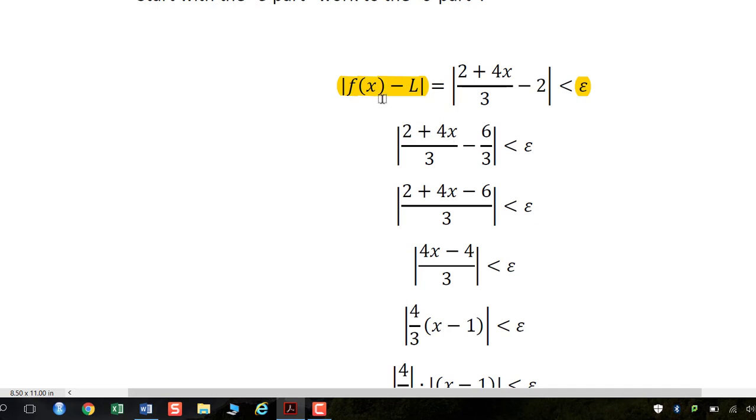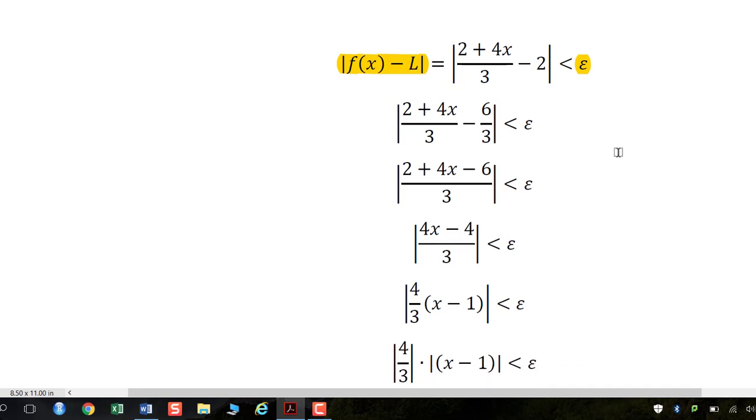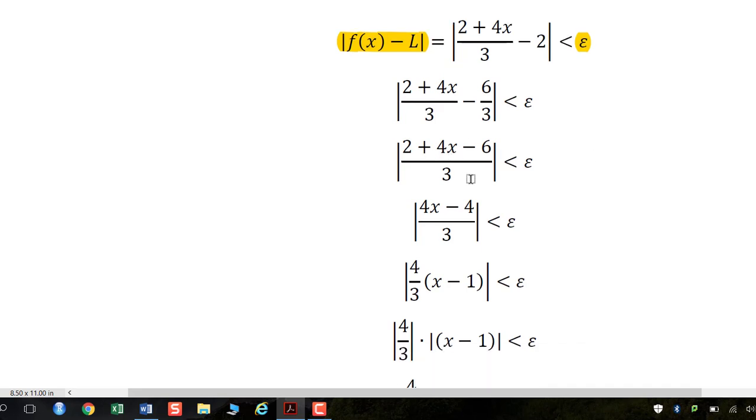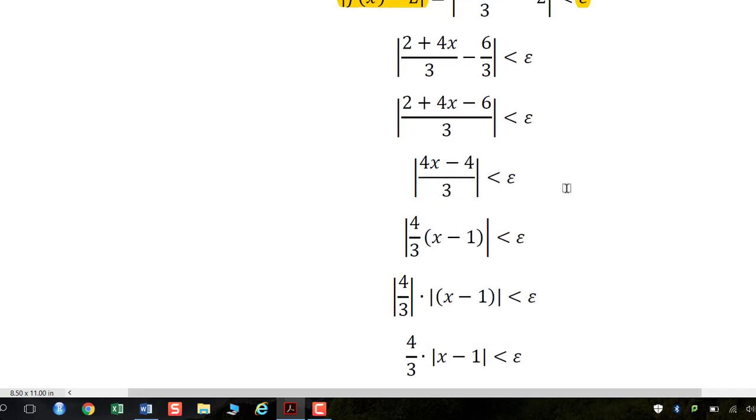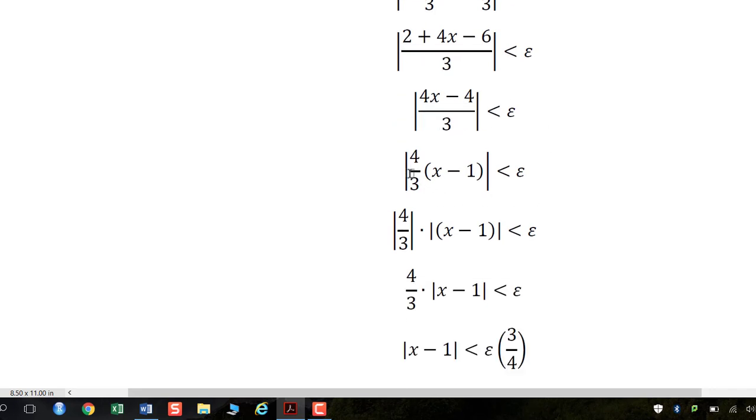So what I did, absolute value of f of x minus L, plugged in f of x minus L. Now let's simplify. Found a common denominator for the negative 2. Put the fractions together. Simplified. Factored out a 4 over 3.